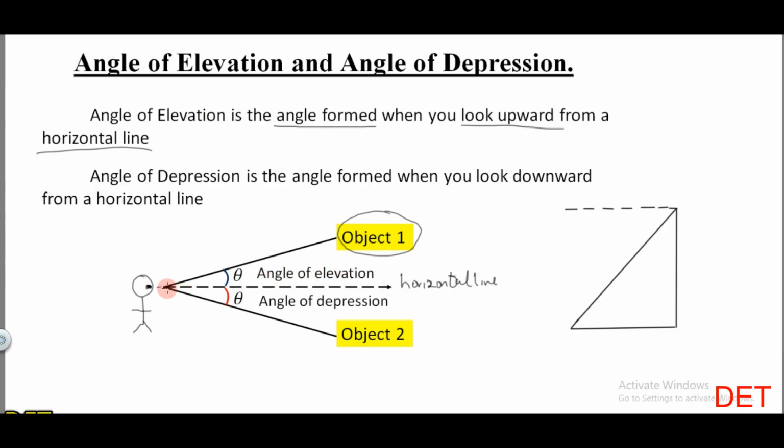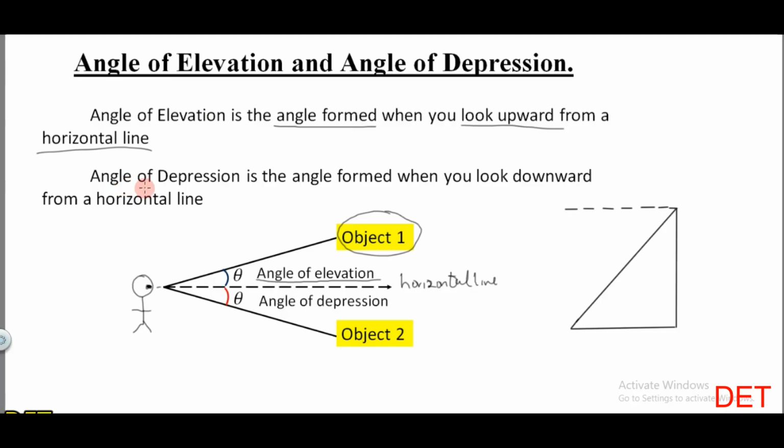So when this person looks upward from this horizontal line, from this level of his eyes, that angle that is formed is referred to as the angle of what? Elevation. So again, angle of elevation is the angle formed when you look upward from a horizontal line.